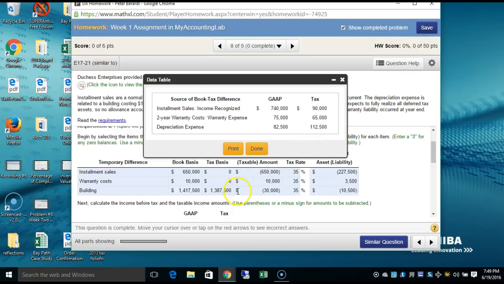The book value under tax basis is $1,387,500. The taxable difference is $30,000. Multiplied by 35% gives us a deferred tax liability of $10,500. That's all you have to do to come up with your deferred tax asset and liability.